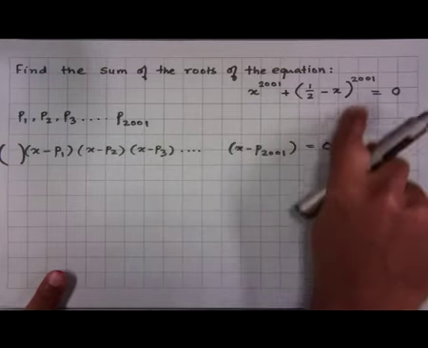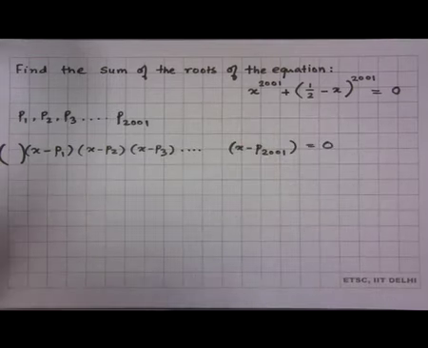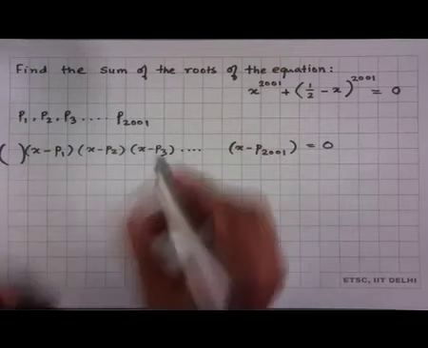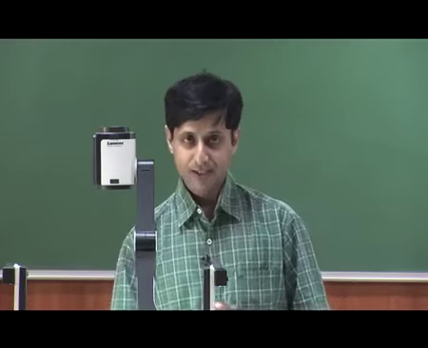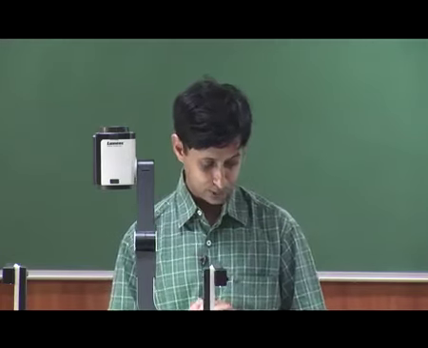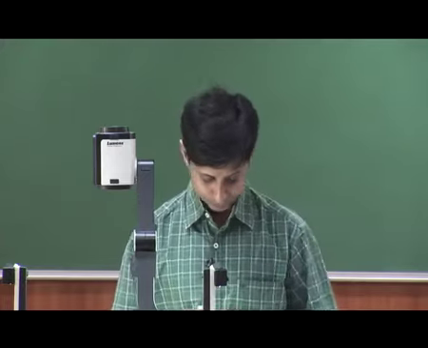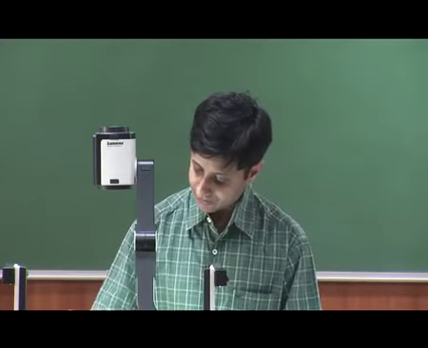The net result is that this is not a polynomial of order 2001; it is a polynomial of order 2000. So it has only 2000 roots, in which case this is not going to appear.